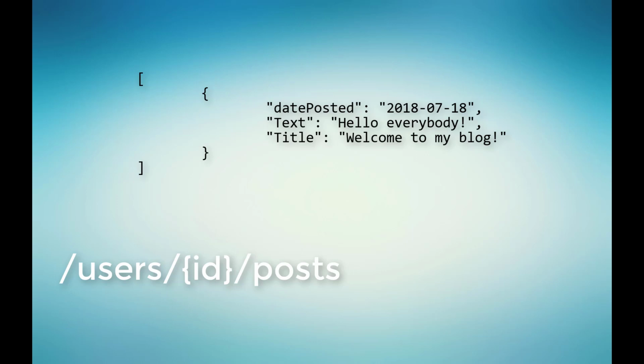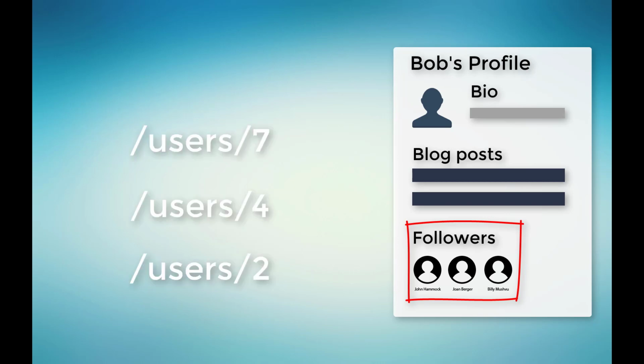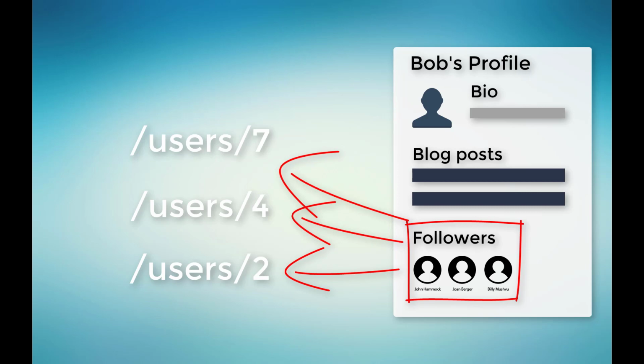And this way you would get an array of all of Bob's blog post. Now remember that Bob has a list of followers as well. And we would like to display these followers' profile picture as well. Unfortunately, if we're really trying to make this follow RESTful guidelines as much as possible, we would have to go to a new endpoint on all the different users to get their profile pictures.